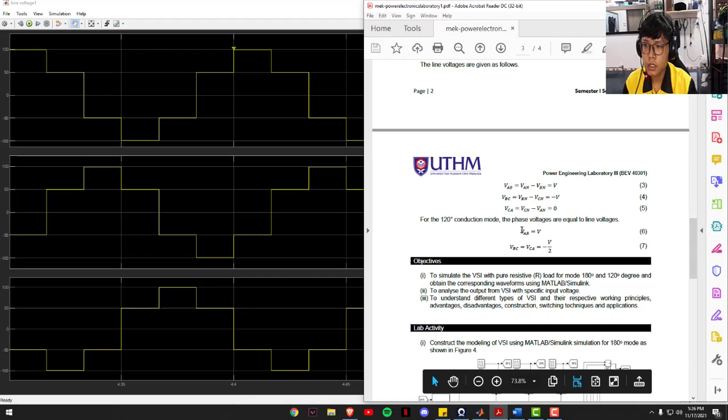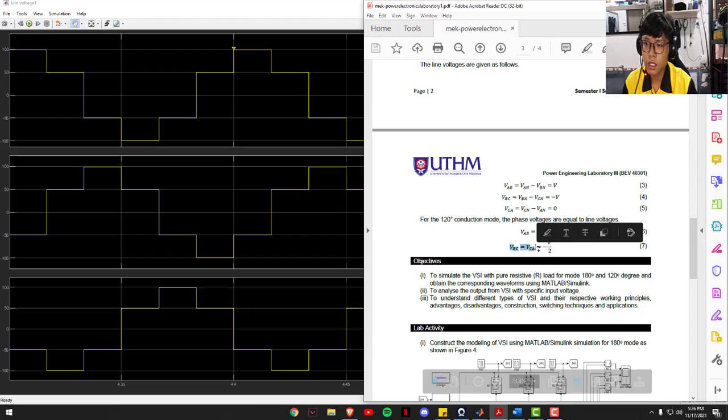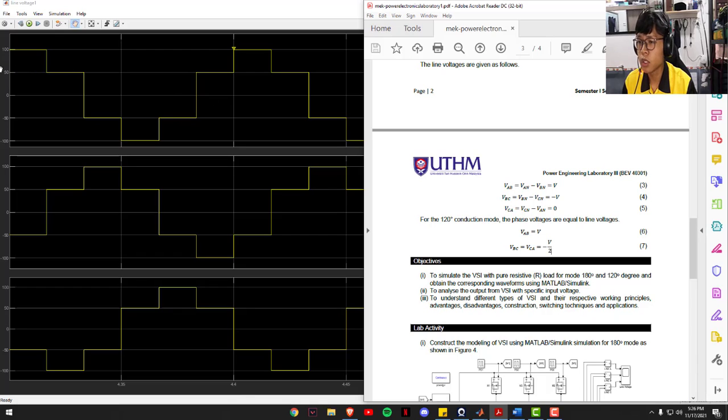The calculation states that VAB is equal to V source, while VBC and VCA are equal to negative V source over 2. Since VAB, or V source, is equal to 100, here goes the 100 volt, and VBC and VCA are equal to negative 50. So this simulation has proved the calculation.